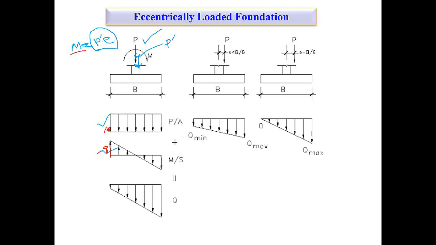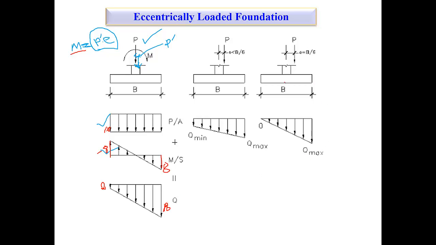Because this is in tension, right? So 10 minus 8, how much? This is still compression, 2. And this is 8 plus 10, because this is compression, that would be 18. Is that clear? Compression. Okay.